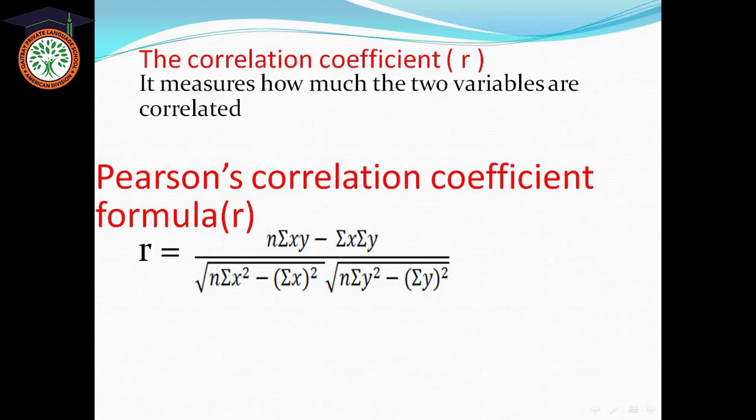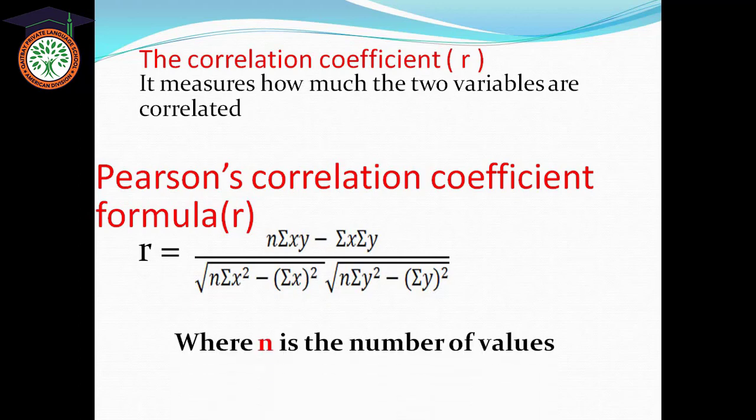We're gonna use this formula in our problems to calculate the correlation coefficient. And the n here in our formula means the number of values or the number of ordered pairs.